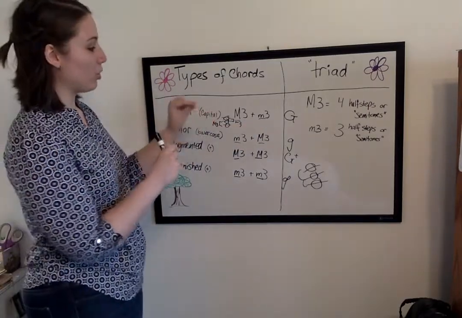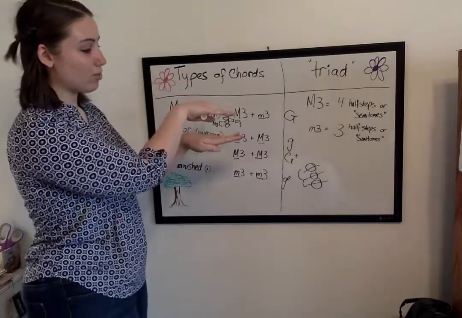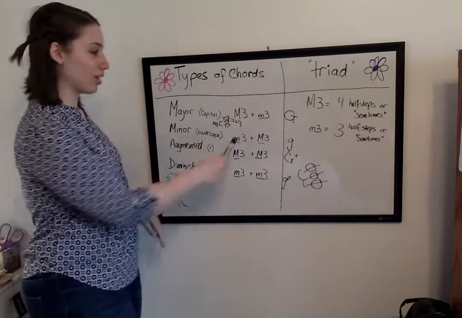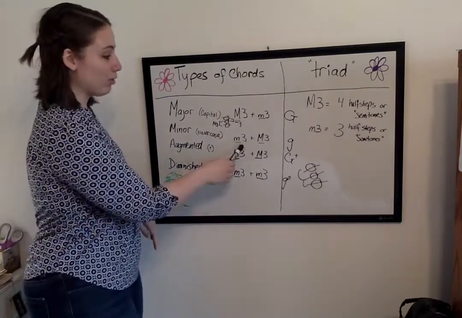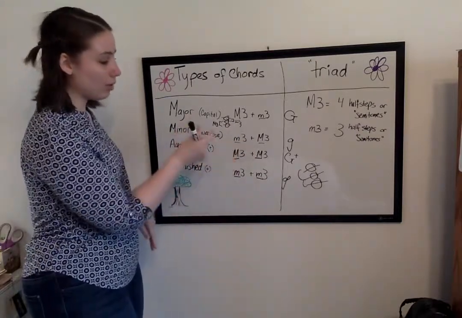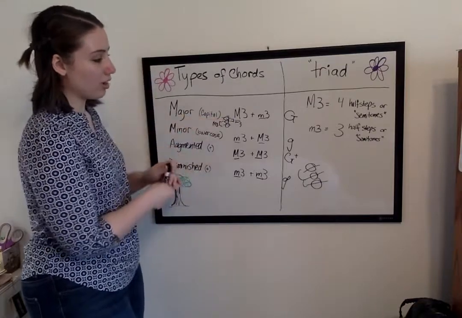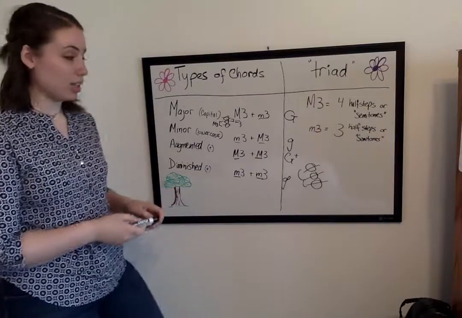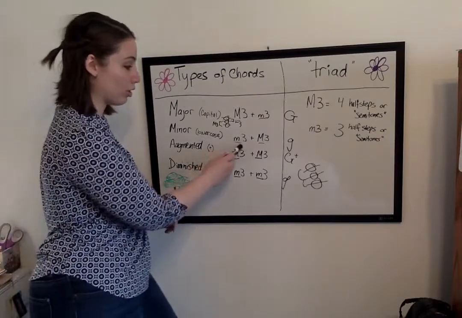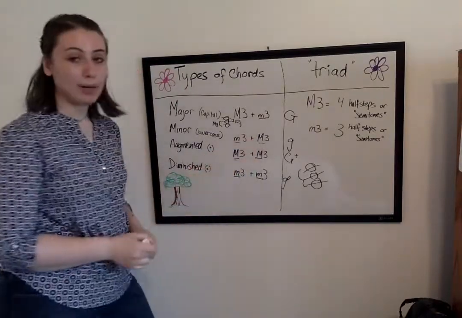If you put your double stuff here, and then your small one on top, that's a major chord, because you have a major plus a minor. Now, if you reverse it and put the minor third, the little Oreo, and then the double stuffed on top, that's a minor chord, or a minor triad, I should say, where you have the smaller gap on the bottom, the bigger gap on top.